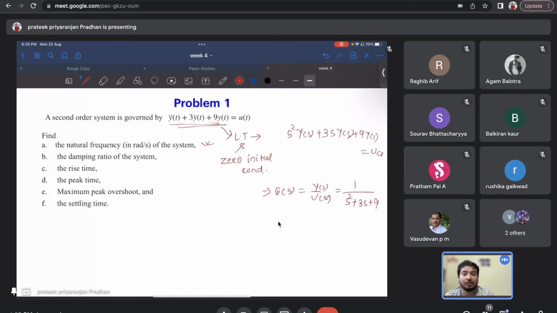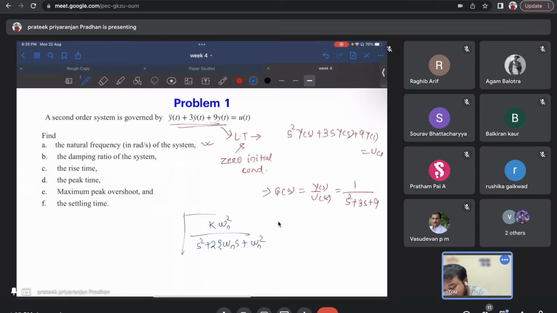So can somebody tell me, the first question, what is the natural frequency of the system? The general second order system can be written as k omega n square divided by s square plus 2 zeta omega n s plus omega n square.